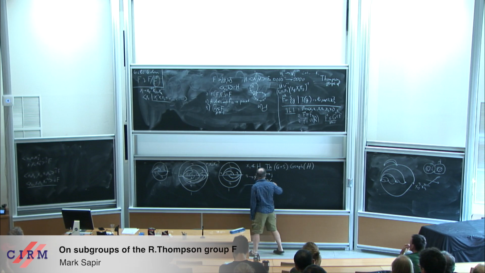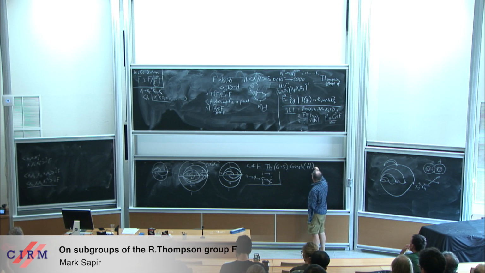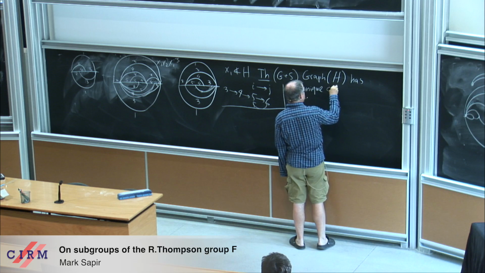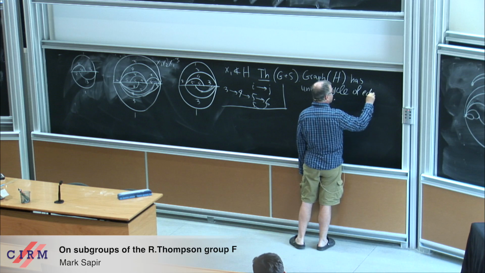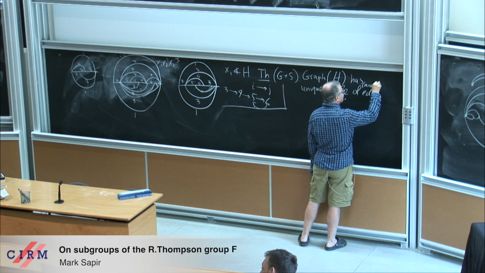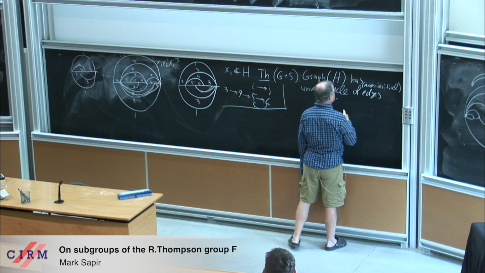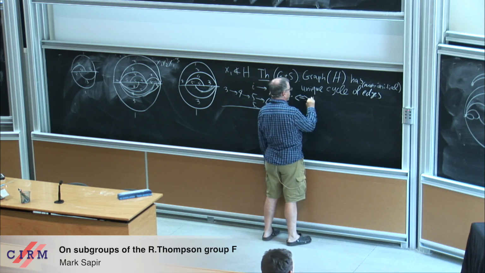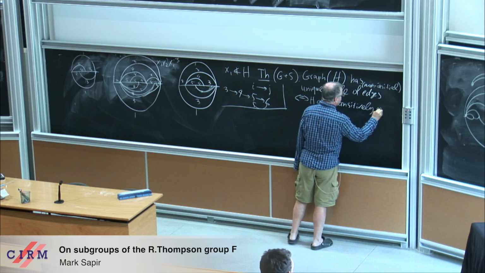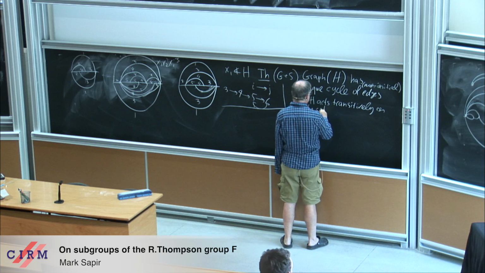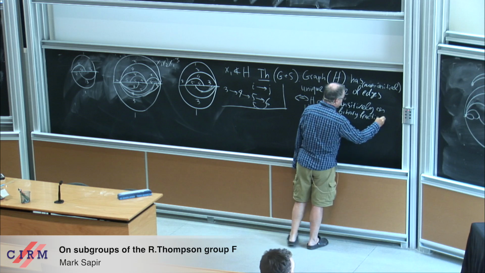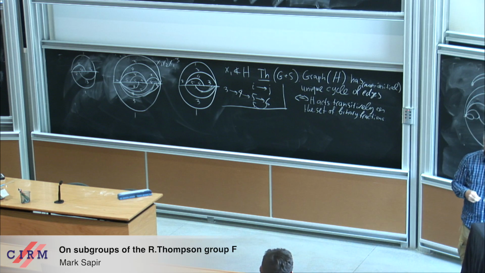So the graph of H has a unique cycle of non-initial edges if and only if H acts transitively on the set of binary fractions. It sounds kind of crazy, but it's a true fact.